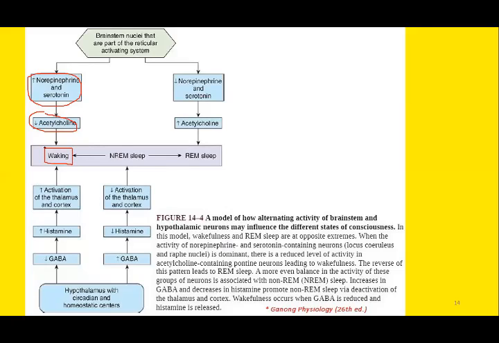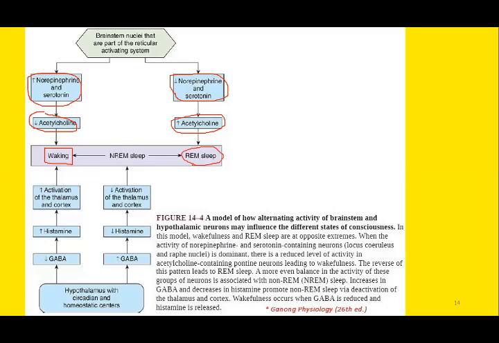For example, whenever there is a fall in the levels of norepinephrine and serotonin, in the absence of this, the acetylcholine levels will increase and this will promote sleep, usually REM sleep. We will discuss what is REM sleep and non-REM sleep in the coming slides.